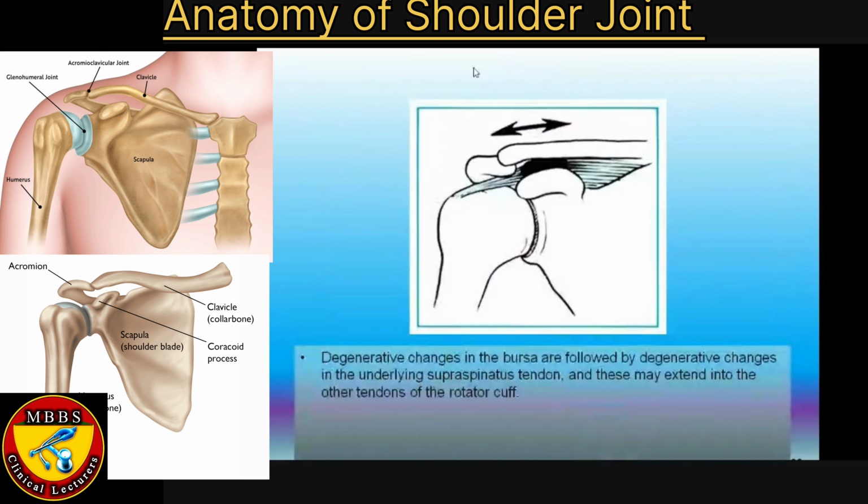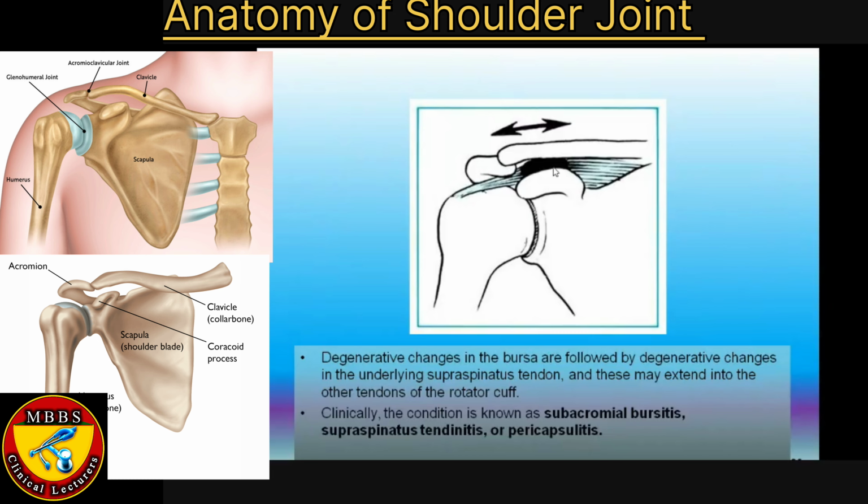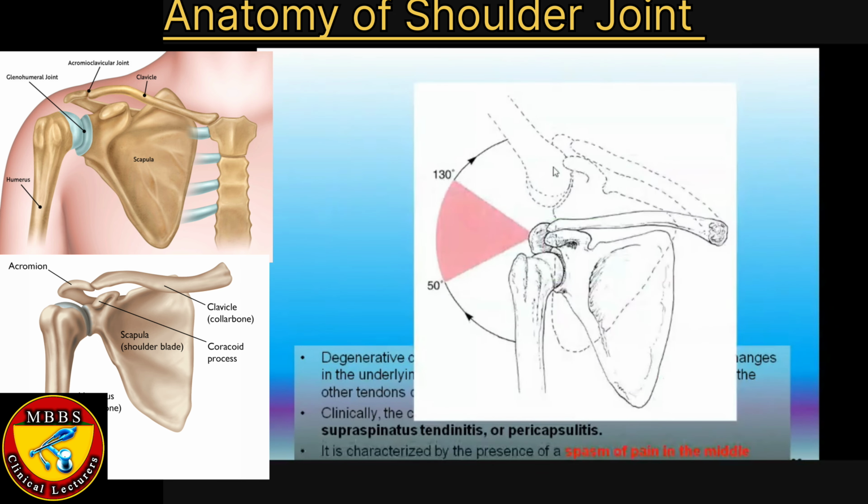Now, degenerative changes occurring in the bursa are followed by degenerative changes in the supraspinatus tendon, and this may extend into the other tendons of the rotator cuff muscles. Clinically, this condition is known as subacromial bursitis or supraspinatus tendinitis or pericapsulitis.